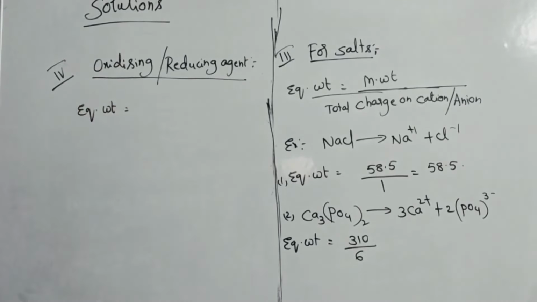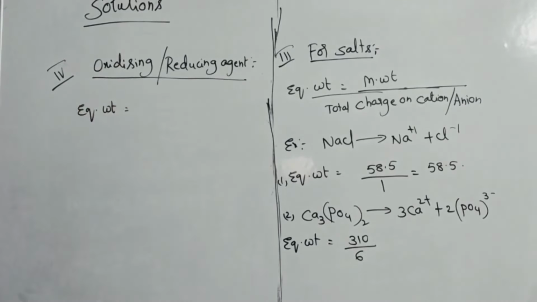So M1 and M2 we have to convert into normalities. For 0.1 M H2SO4, the n value is 2, the number of replaceable H plus ions. So N1 will become 2 into 0.1, which is equal to 0.2.